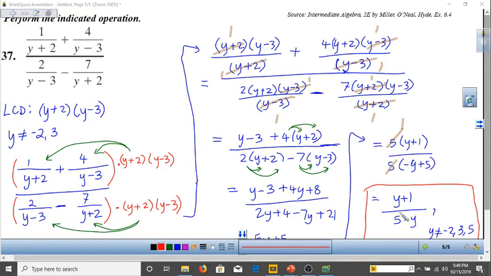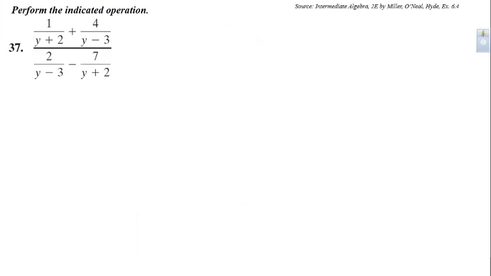And then we can try another number like plugging in 1 and see if you get the same result. So that's one way you can check, by plugging numbers into the simplified expression and seeing if it gets the same answer when you plug it into the original expression.